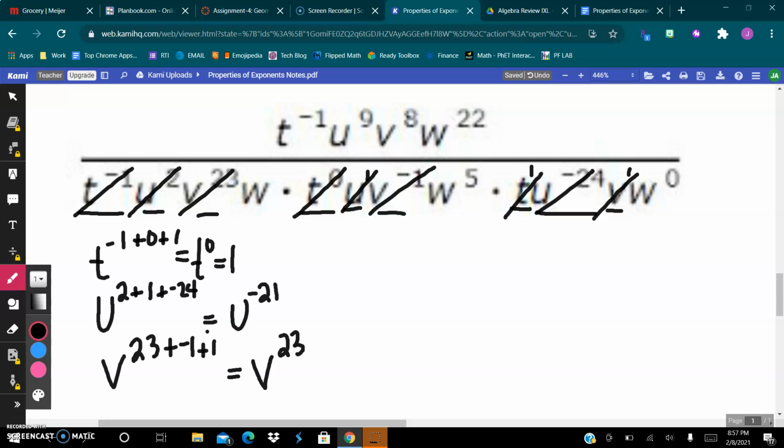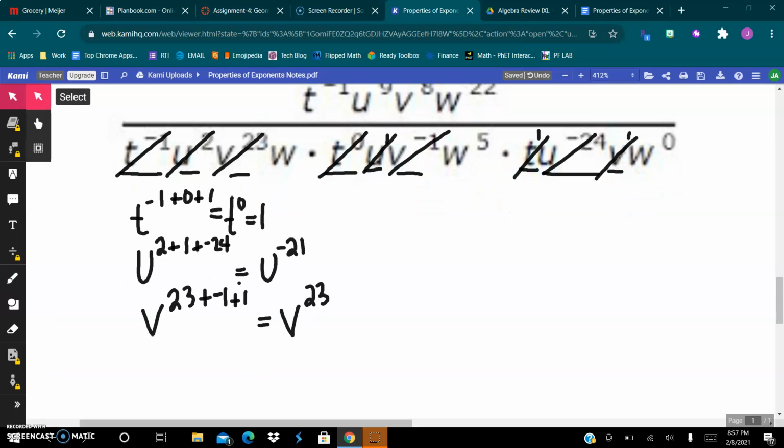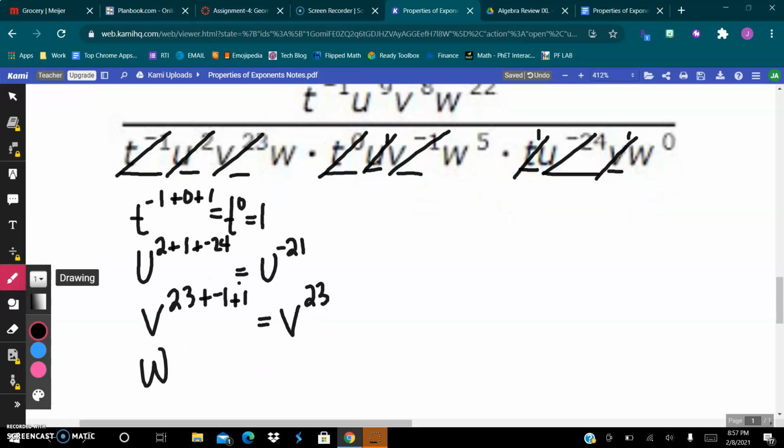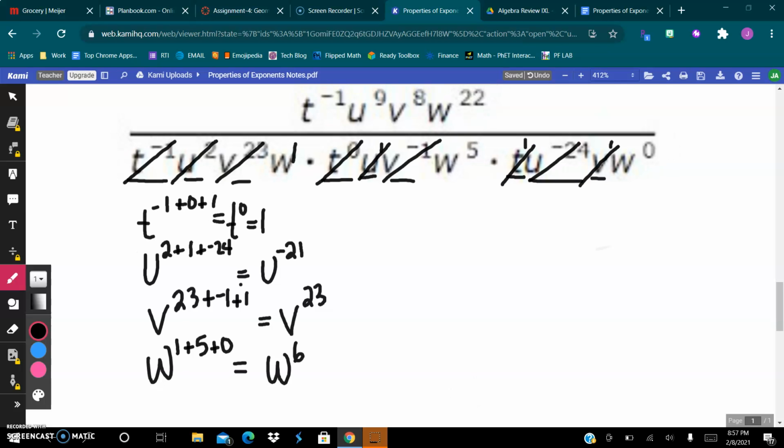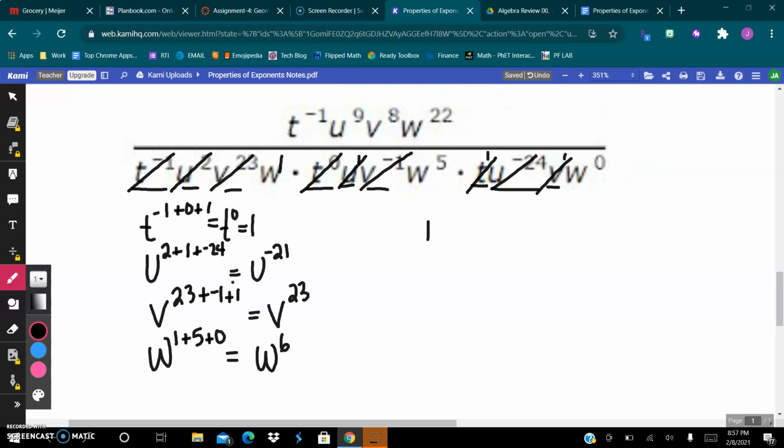And then lastly, we're going to have to look at the w's. I have w here, that's a 1. Then we have a 5. And then we have a 0. So adding that together, that's w to the 6th power. So I'm going to copy down the top.